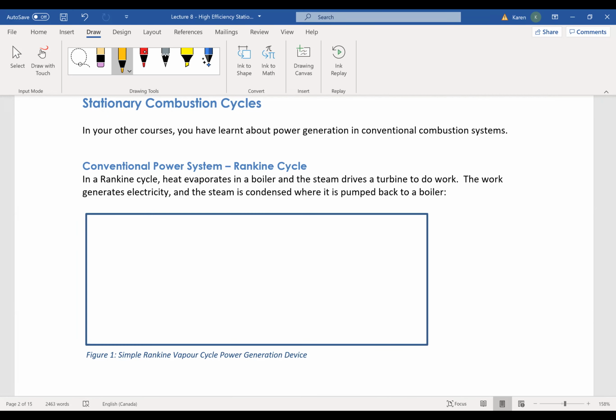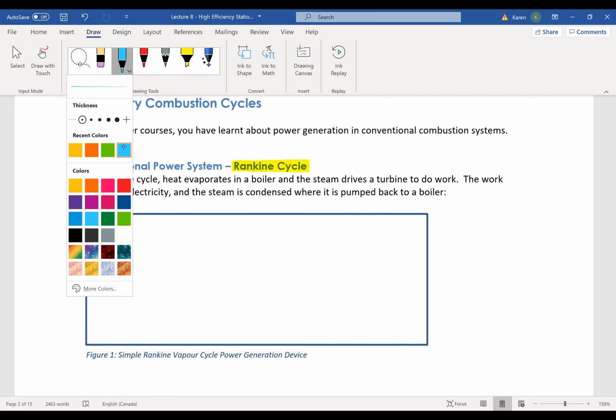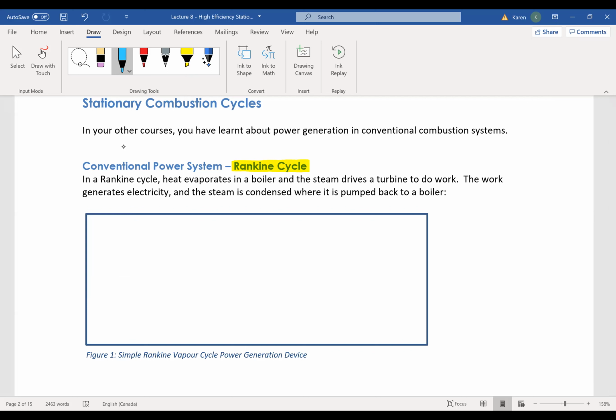So a conventional power system, just a simple, basic power system, is built on a Rankine cycle, which you might remember from thermodynamics. And in the Rankine cycle, we have a boiler.